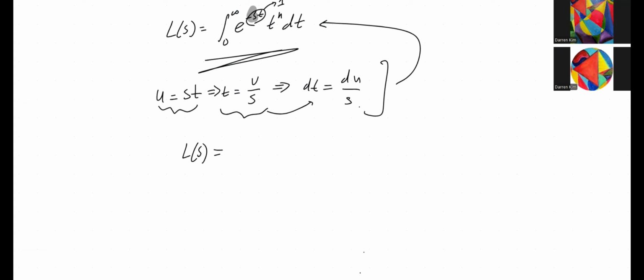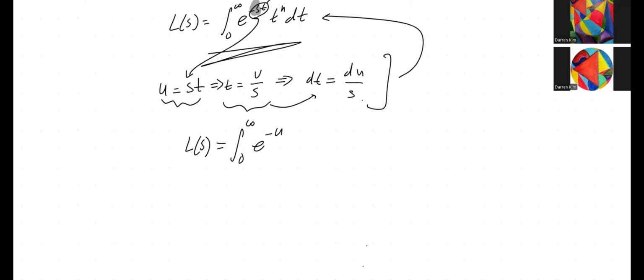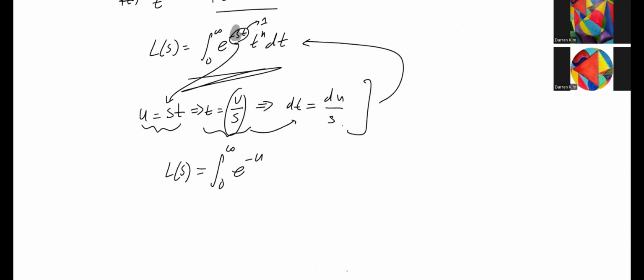First of all, e^(-u) makes sense. That's from this over here. Next is t^n. Now t is given by this, so we can just write u divided by s, and then the derivative dt needs to be changed, which is du divided by s. Now it's just simplification.